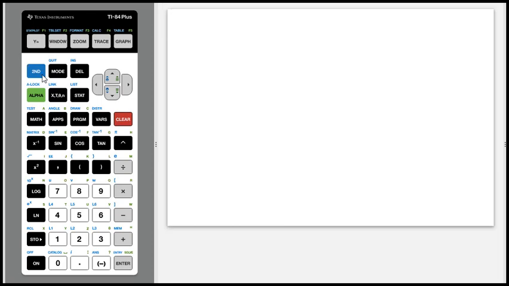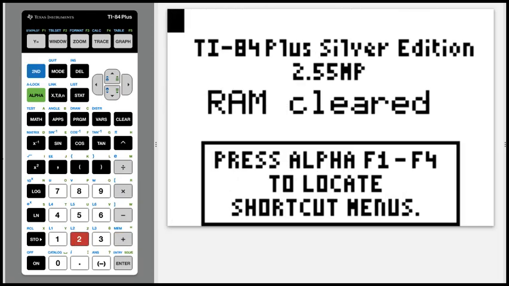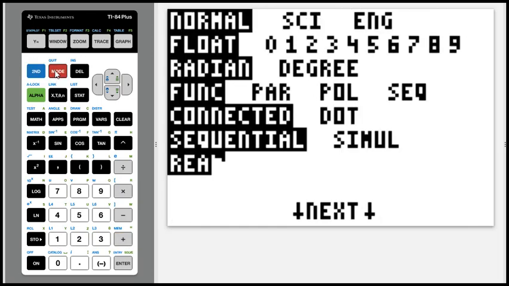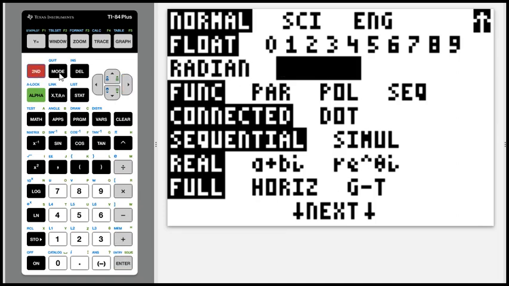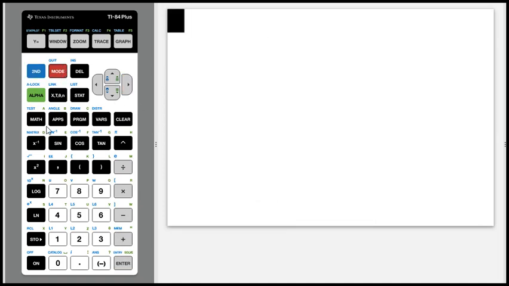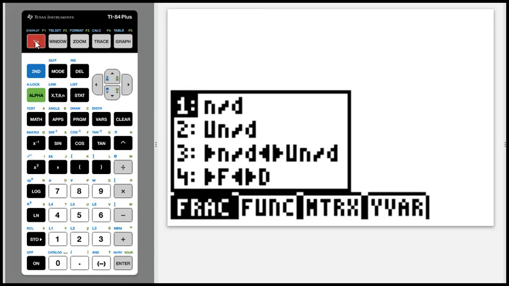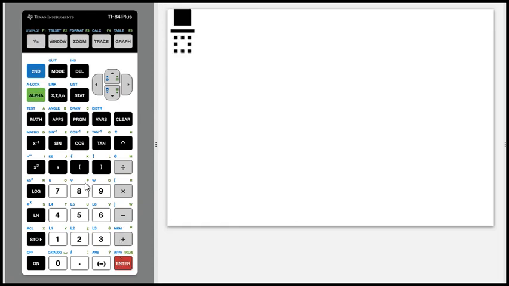First of all, we will clear the memory. Second plus 712. And go to mode. Make sure it is changed into degree. Then quit. So use this alpha y equals enter.